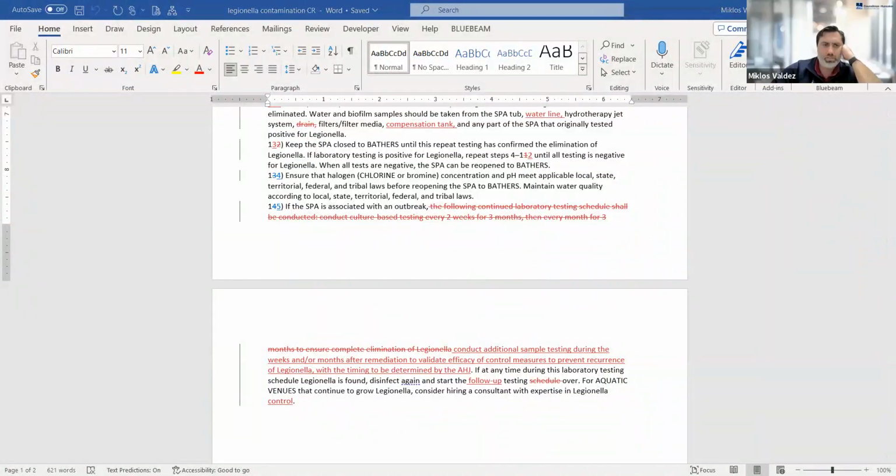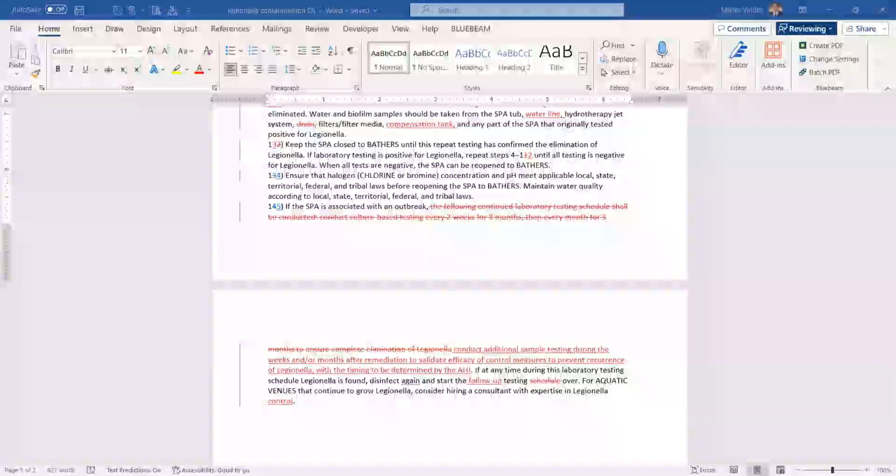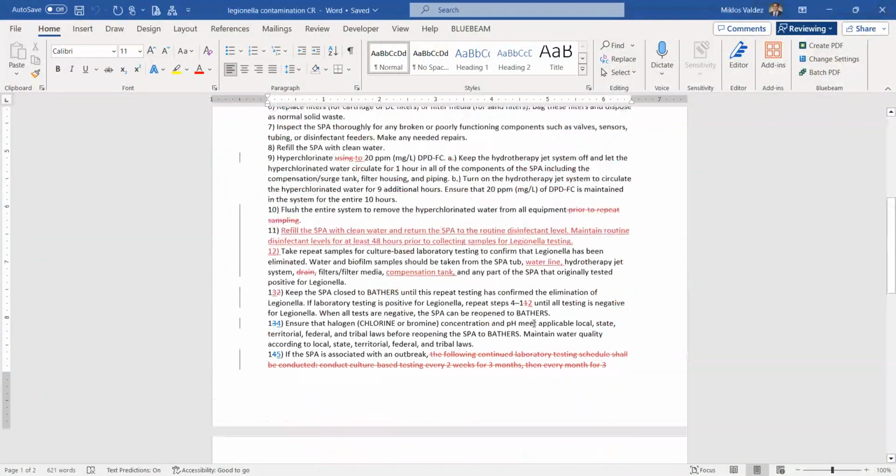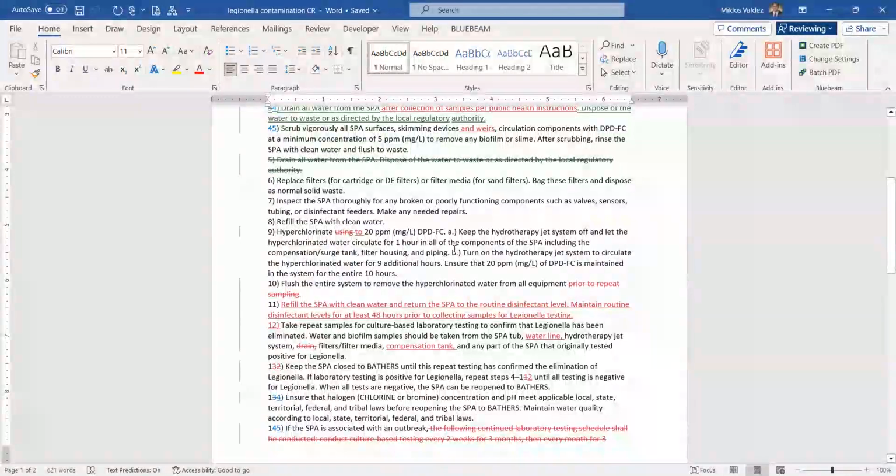Great, thank you. I've got one question. Is the pH mentioned anywhere? Nope. I mean, they add the chlorine, but they don't have to adjust the pH at all. It could be pH 10 or pH 2. Well, don't they drain the whole thing and then refill it? Well, 9 says hyperchlorinate to 20 parts per million there, and there's no pH.